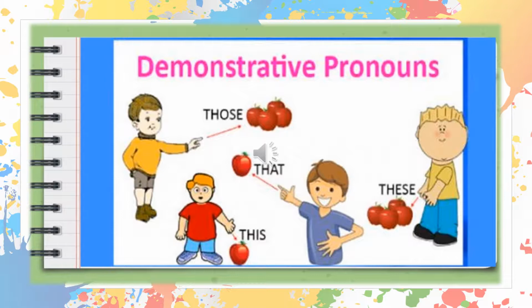For example, when we point towards something, it means we are demonstrating that thing. We are telling about that thing. We are describing that particular object. That's why in demonstrative pronouns we use those, these, this and that.